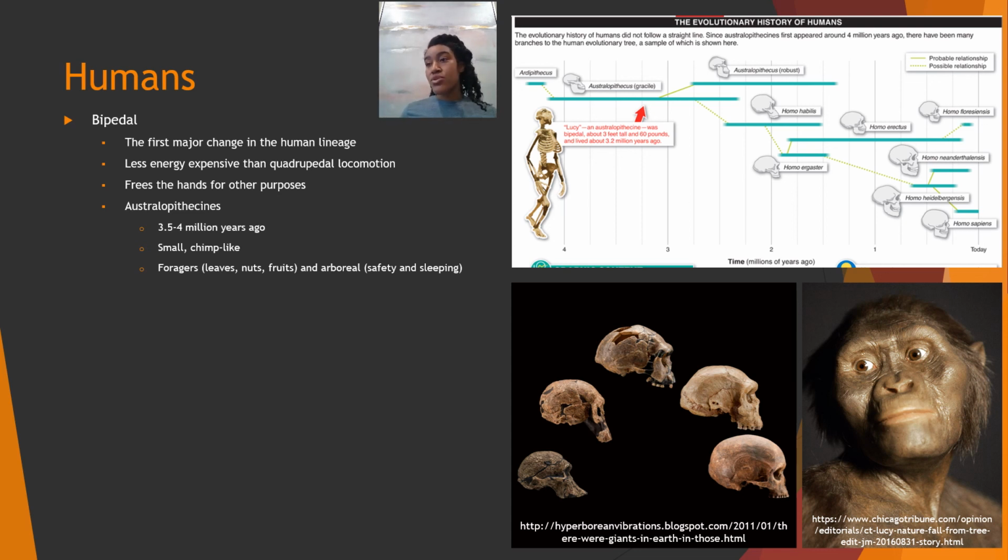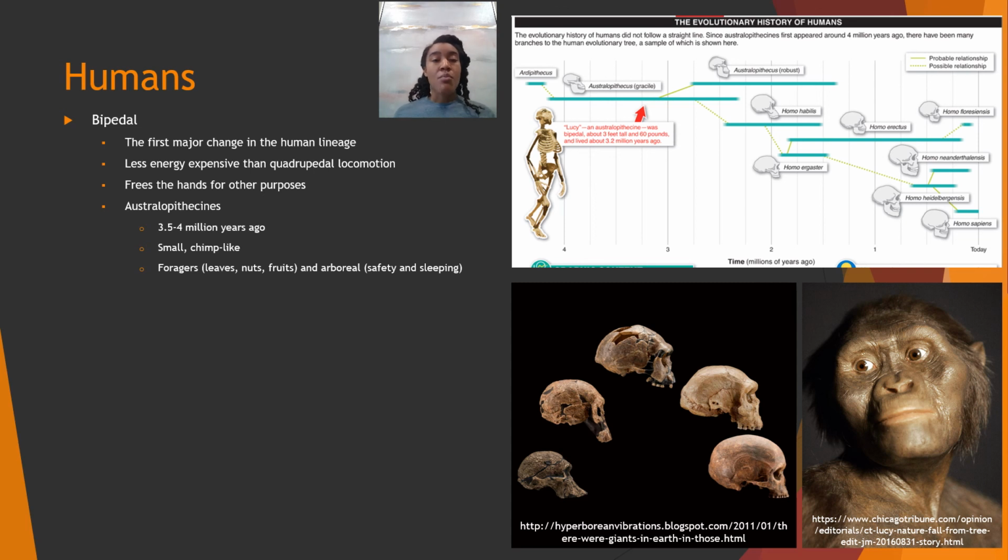So if we're able to free up our hands while we're walking from location to location, we can be doing other things as well, like using tools, carrying food, carrying our young, and various other things. So this allowed us to be a little bit more flexible in the things that we can do than our closest relative, the chimps.